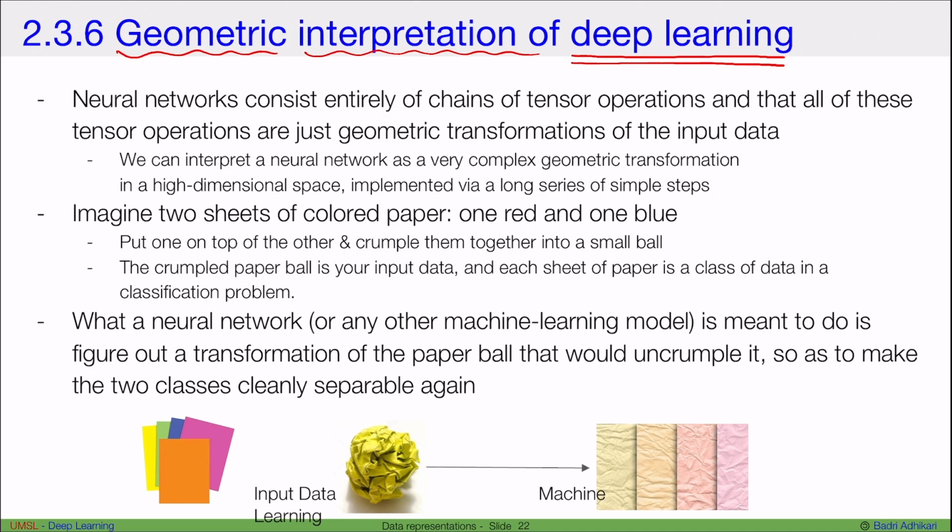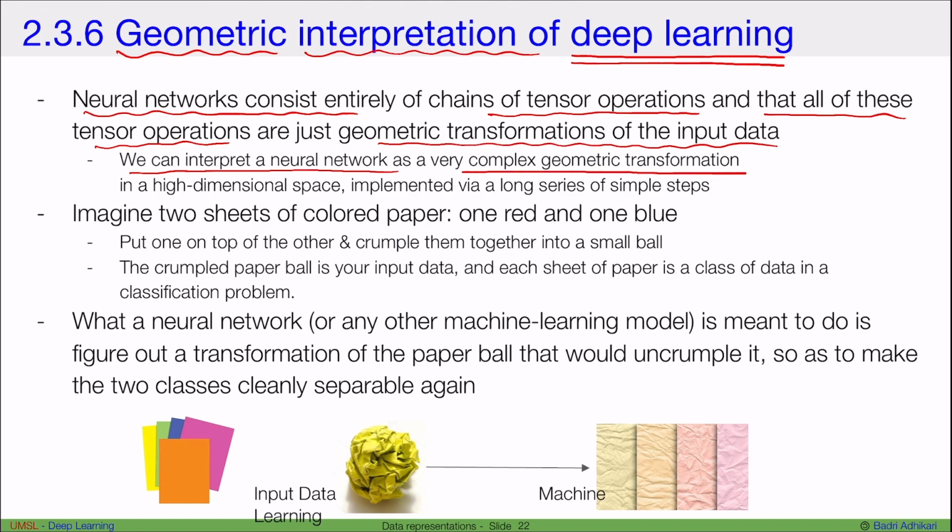This is because neural networks consist entirely of a chain of tensor operations, and all of these tensor operations are just geometric transformations of the input data. So they basically scale, shear, rotate, and do other things. Overall, we can interpret a neural network as a very complex geometric transformation, with various layers of transformations in a high dimensional space implemented via a long series of simple steps.